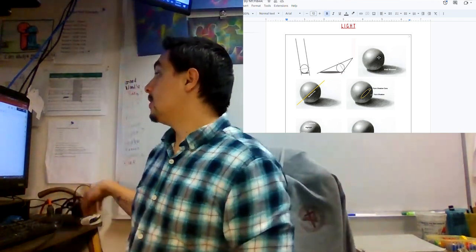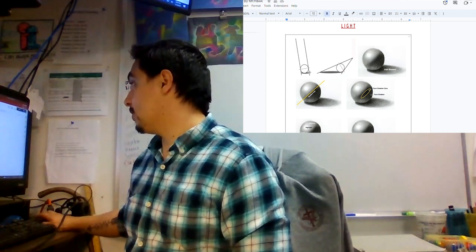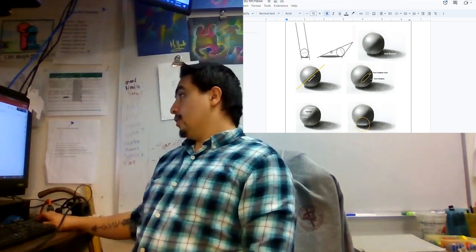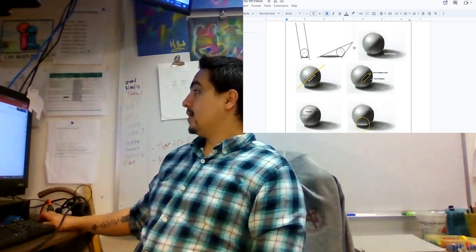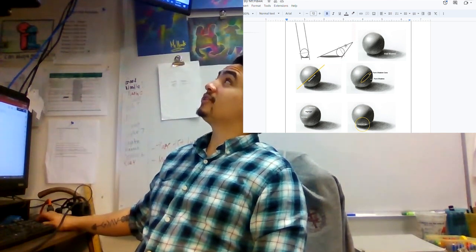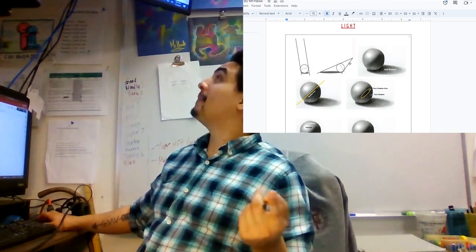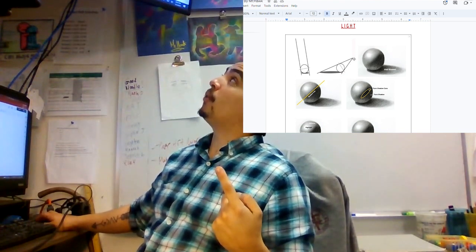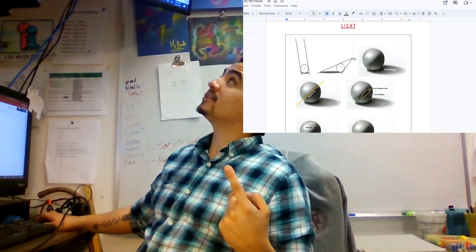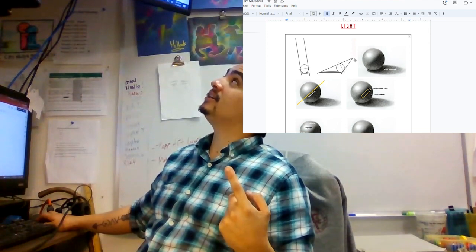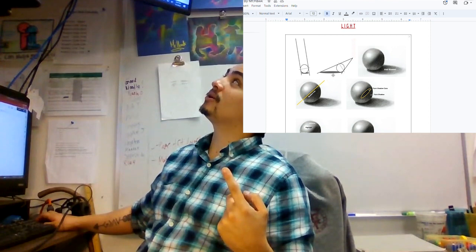Okay, so looking at this image right here, okay, notice the angle at which we're making. It kind of looks like a geometry lesson, right? I know we don't want to talk about math, but you have a single point that is making almost this right triangle right here, or like an obtuse triangle. And those lines, this line right here is the light source, and it hits it, and then it creates this long shadow.